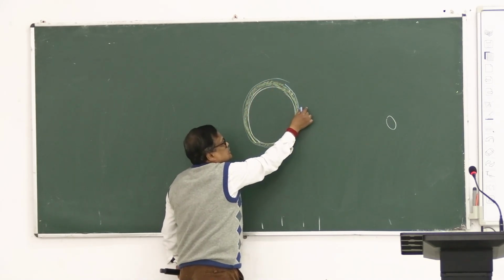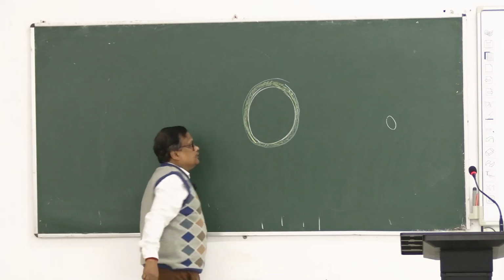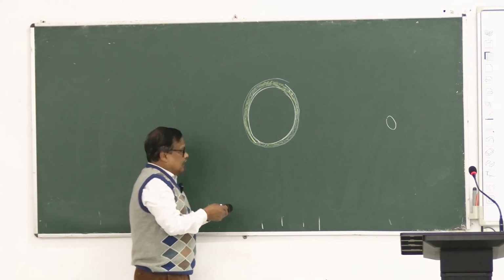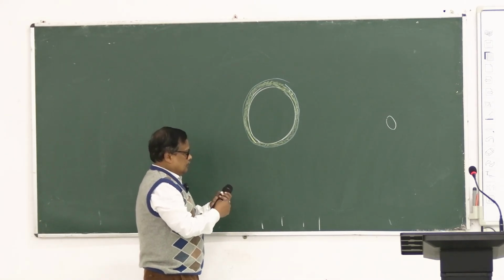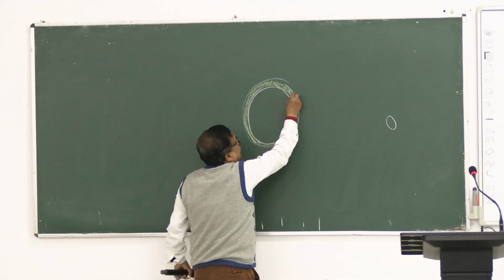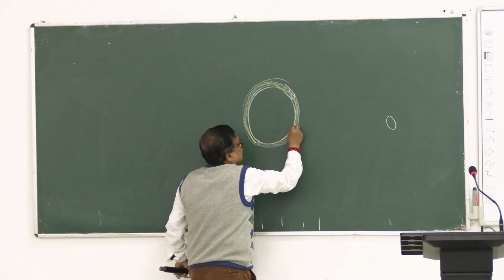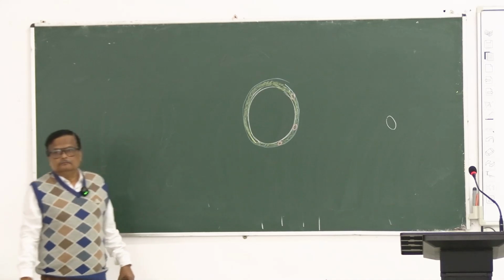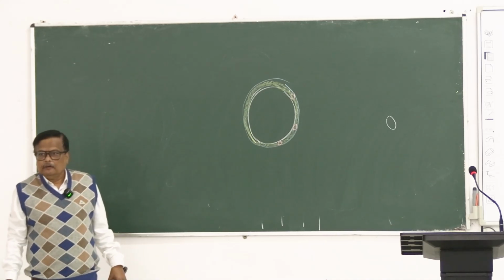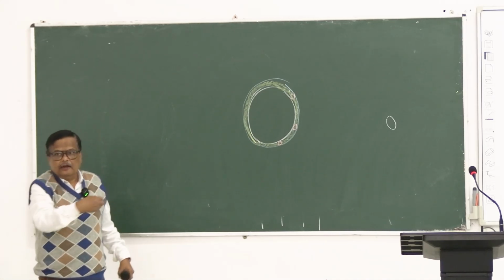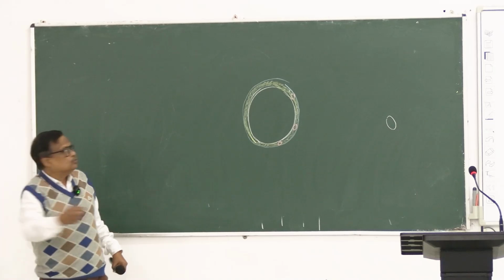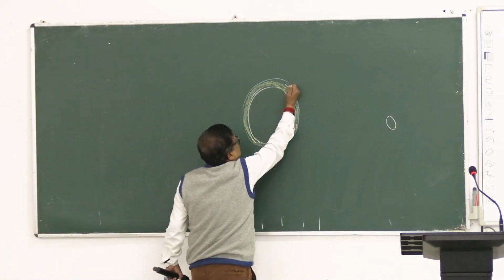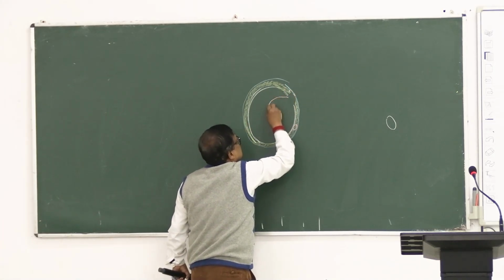Then there are muscles, skin, etc. So all the viscera are actually present here, here, and here. Right? When viscera enlarge during development and protrude, they protrude in this fashion.